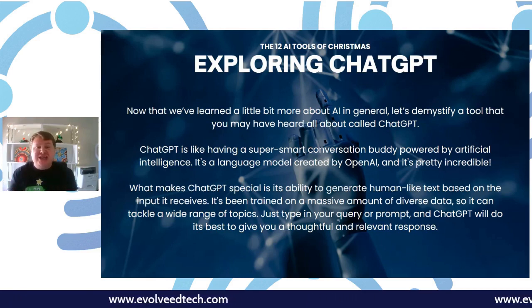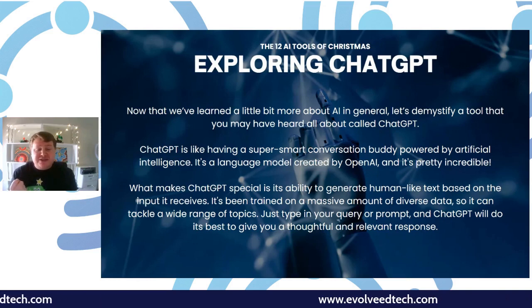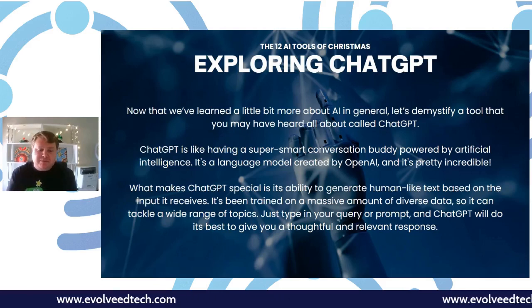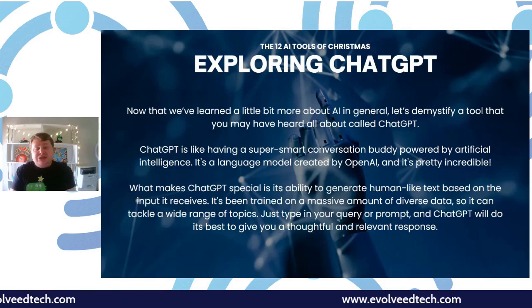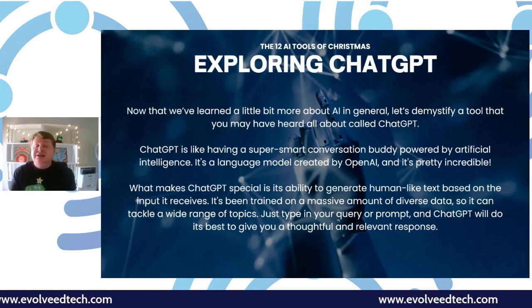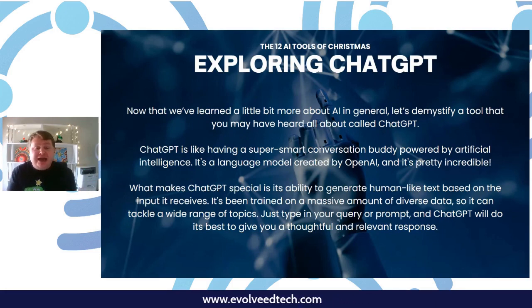So, what makes ChatGPT special? It's because of its ability to generate human-like text based on the input that it receives. What you provide to ChatGPT is going to generate human-like text that is going to help you potentially solve, create, or develop whatever your particular prompt or topic has been about.